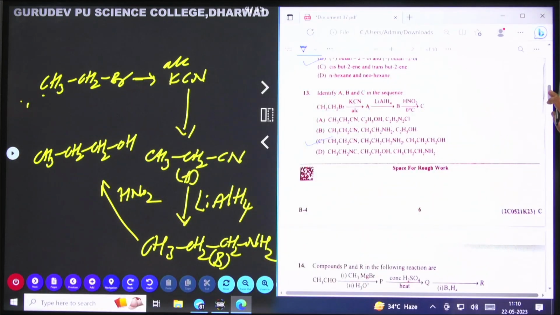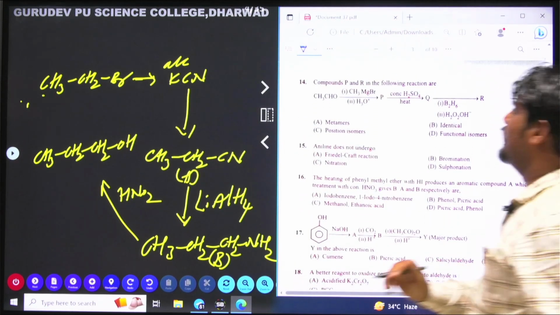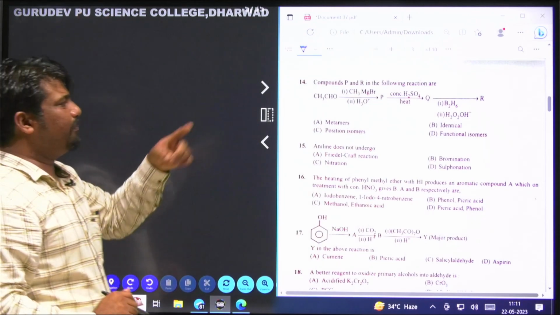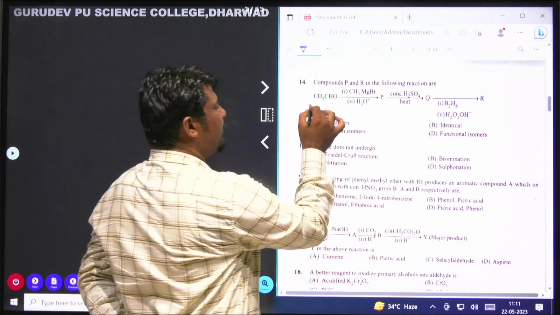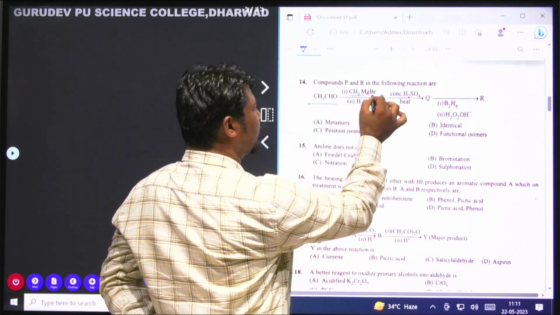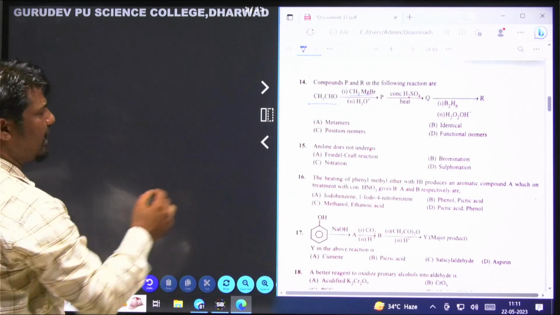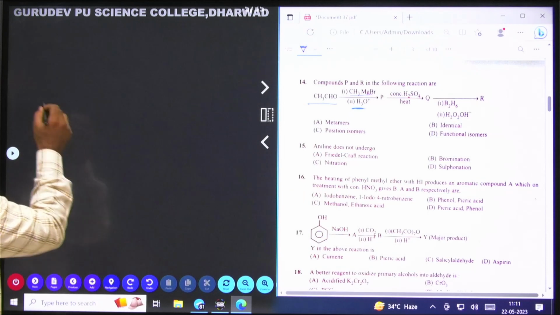Well, next, I will come to question number 14. Compounds P and R in the following reactions are: when an aldehyde reacts with a Grignard reagent such as CH3MgBr in the presence of acid, H3O plus, the hydronium ion, it will give a product.